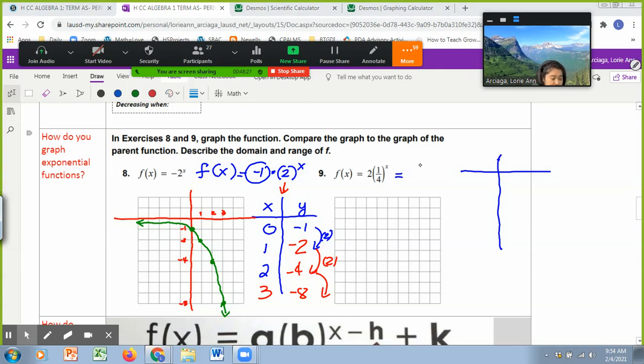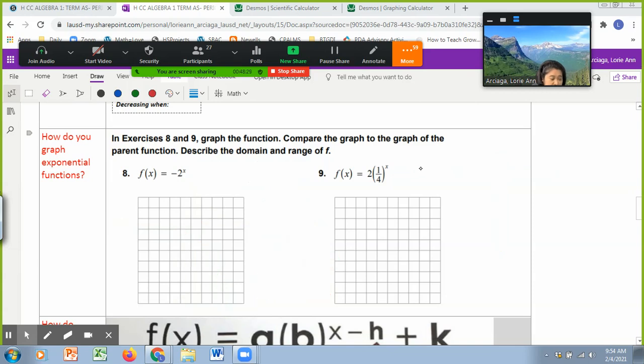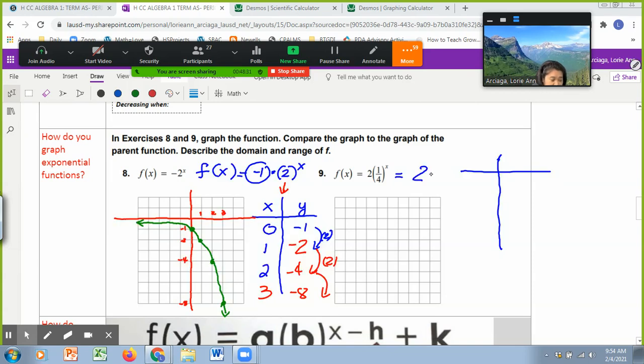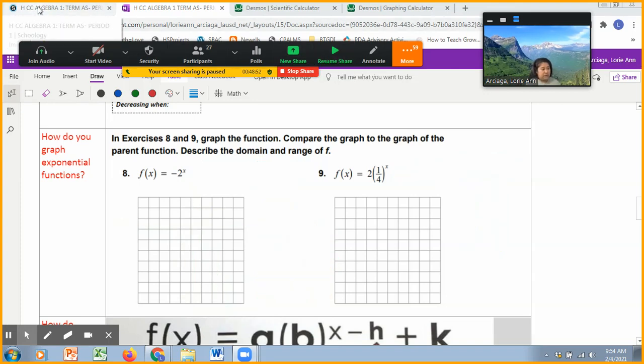I just want to make sure. So you try to separate them, right? 2 times (1/4)^x. Okay, now go ahead. Give yourself about 3 minutes to work on that.